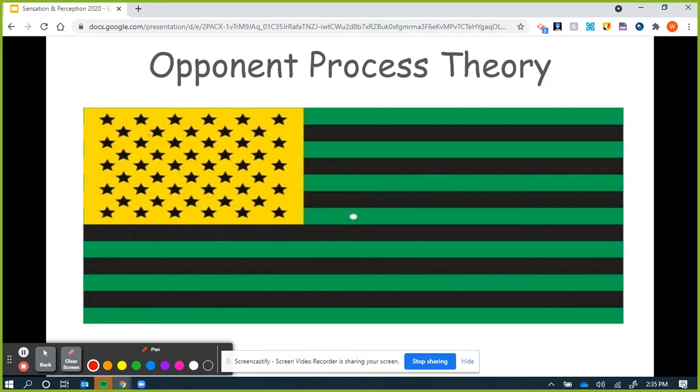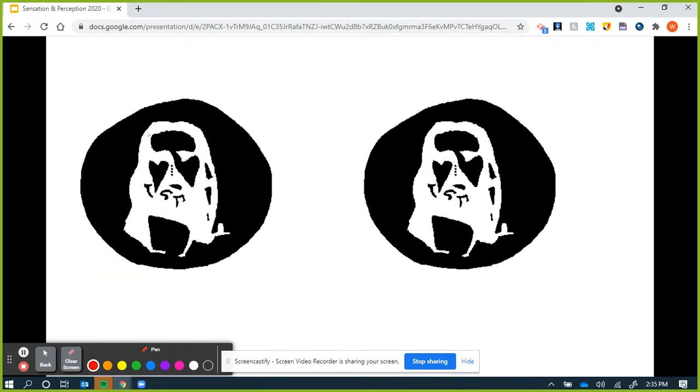That's why if you stare at this flag for long enough and then look at a white screen, you will actually see a red, white, and blue flag. Okay, because those are the opponent colors there.